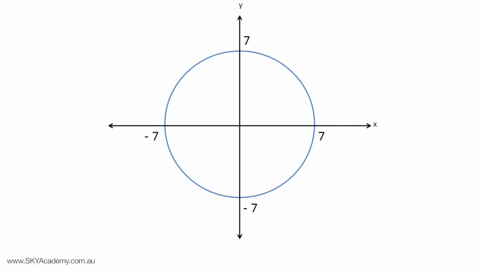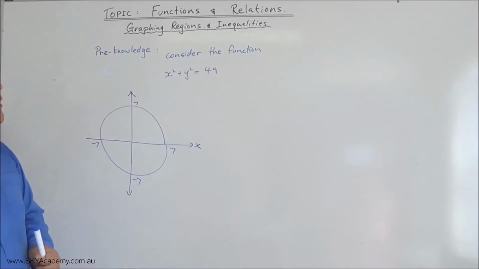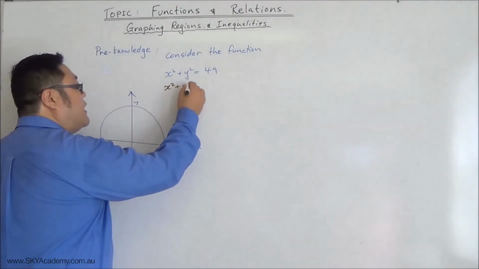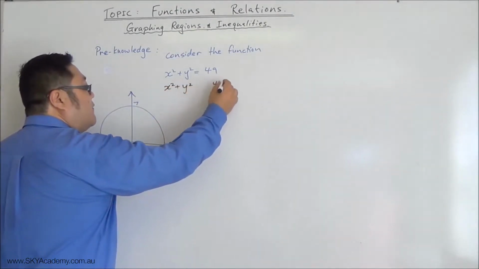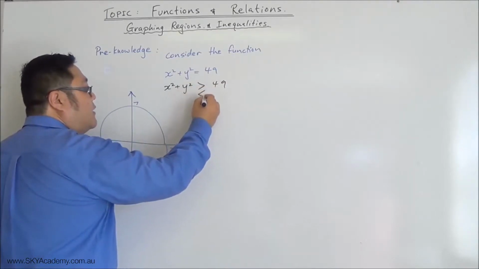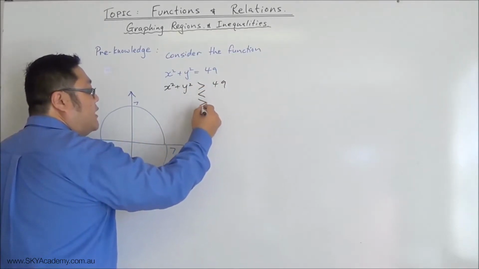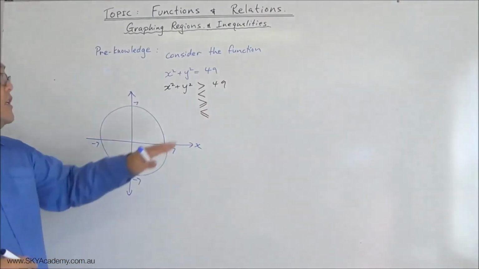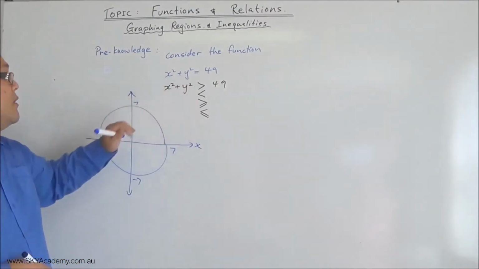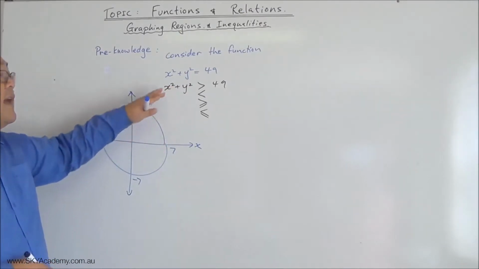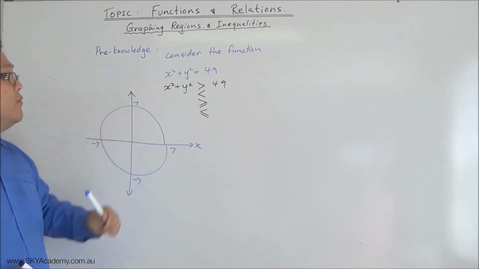Now, if we were to do something drastic and change the equal sign into a greater than, a less than, a greater than or equal to, or a less than or equal to, that would change the region or relation being graphed.